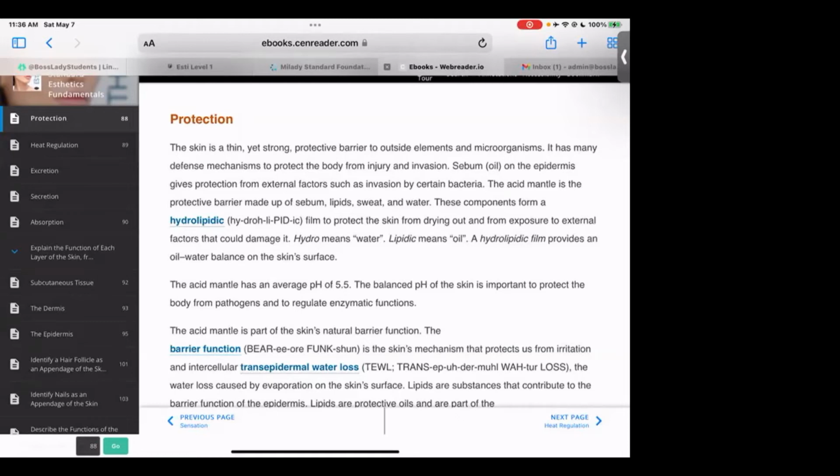So your goal when dealing with any skin that comes to you is figuring out what they are doing at home and what they can do at home to create balance, to create harmony. Once you figure out how to do that, you'll be able to solve a majority of your clients' problems, and you will know how to prevent it from getting worse.